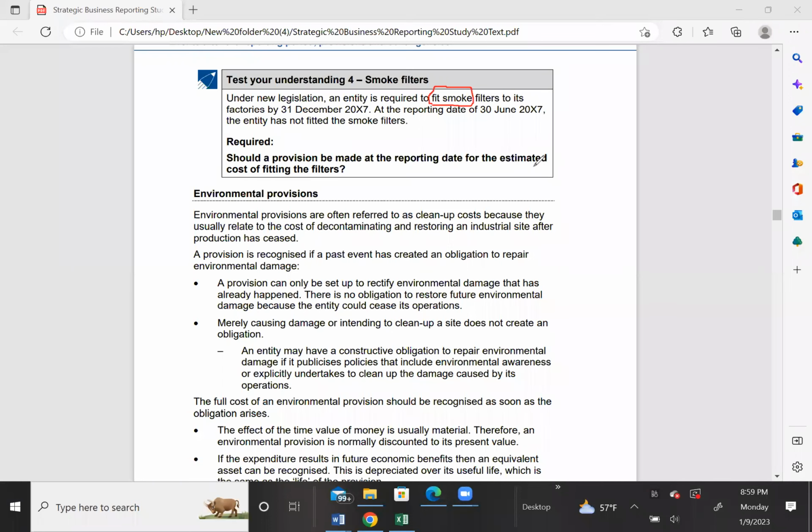We can choose to pay a fine rather than installing costly smoke filters. Or we can even consider shutting down the business. So we have alternatives, so there is no present obligation on us. So for smoke filters, we will not recognize any provision. You got it?